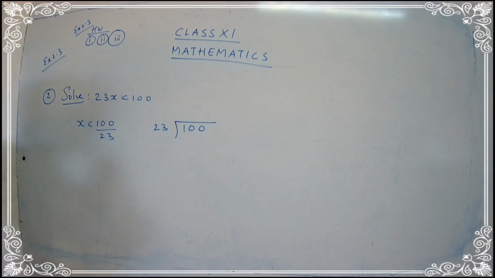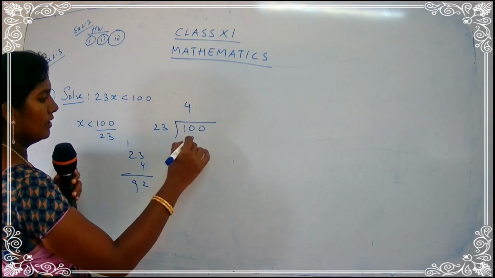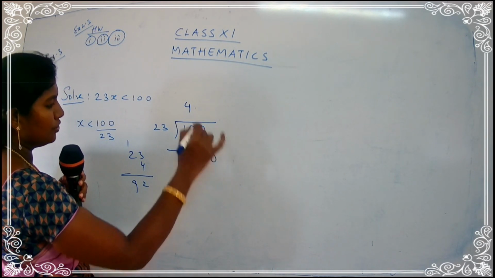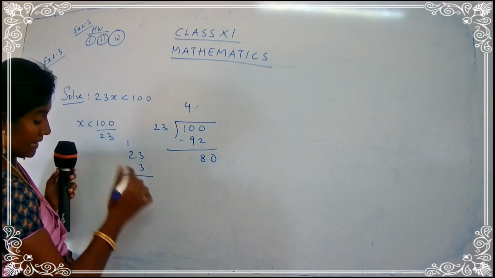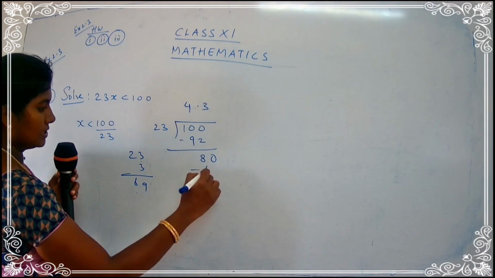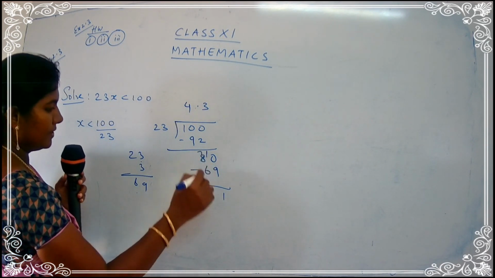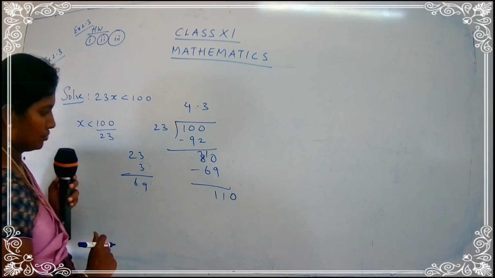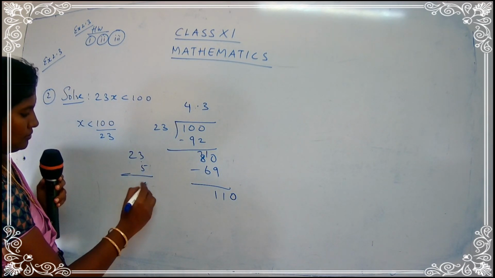23, 2s are 46, 3s are 69. 4s are 92, so 8, 0, decimal point. 3s are 69, so I get 11, 10 minus 9 is 1, 7 minus 6 is 11. Again put 0. 23 4s are 92. 5s are 115.